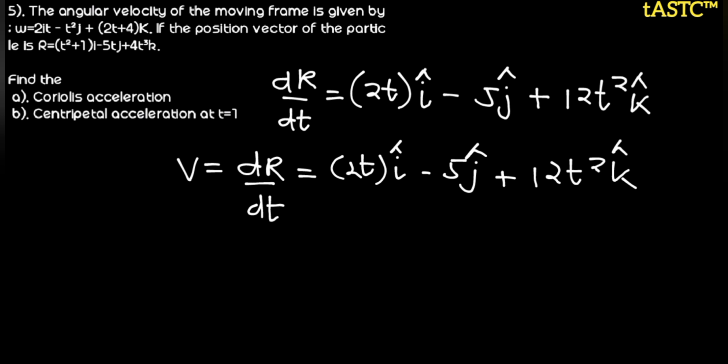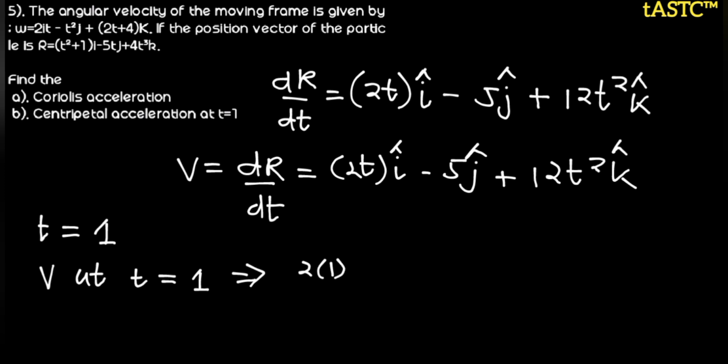So we need to find out the cross product. How can we find out the cross product of this? Now, first off, we know that this is actually taking place at t equal to 1. So we need to work that out. Now, v at t equal to 1 will be given as 2 multiplied by 1, in terms of the first position vector i, and here we have a 5.